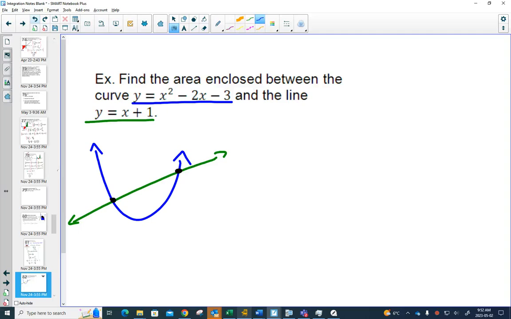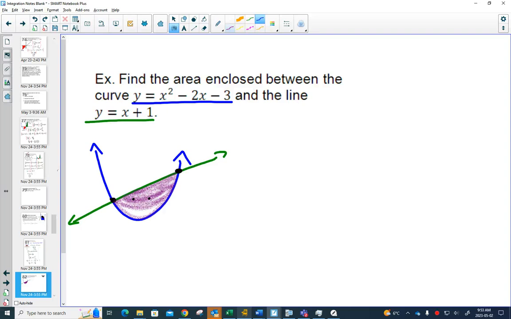Okay? So we're going to try to find this area here. So if those two black points intersect, that would be where the graphs are equal to each other.